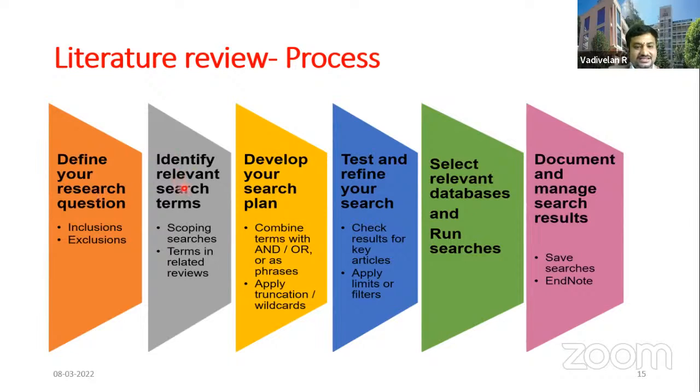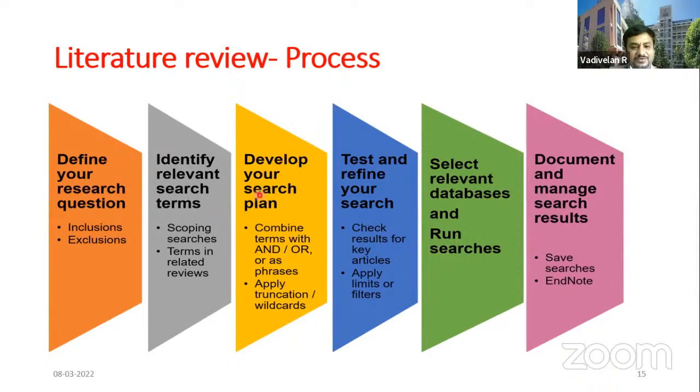And the second thing is to identify the relevant search terms. Blindly we cannot enter three or four words or a sentence as such to find whatever we require. So there are particular scoping search terms in related reviews. There are specific databases available for the relevant information we would like to collect.